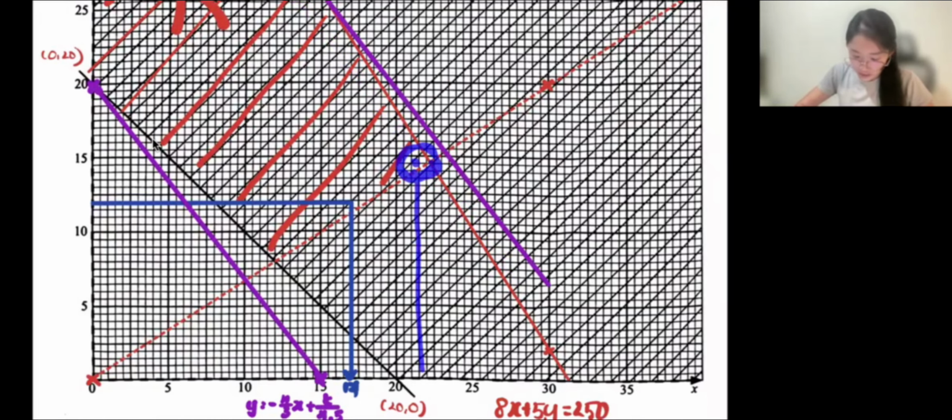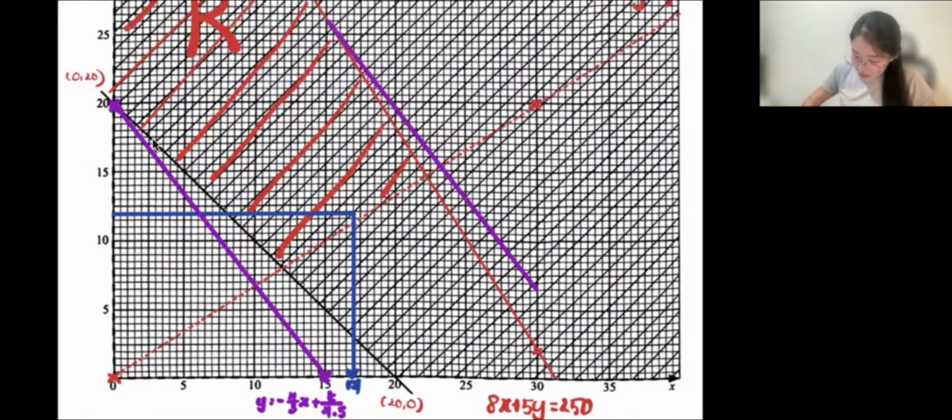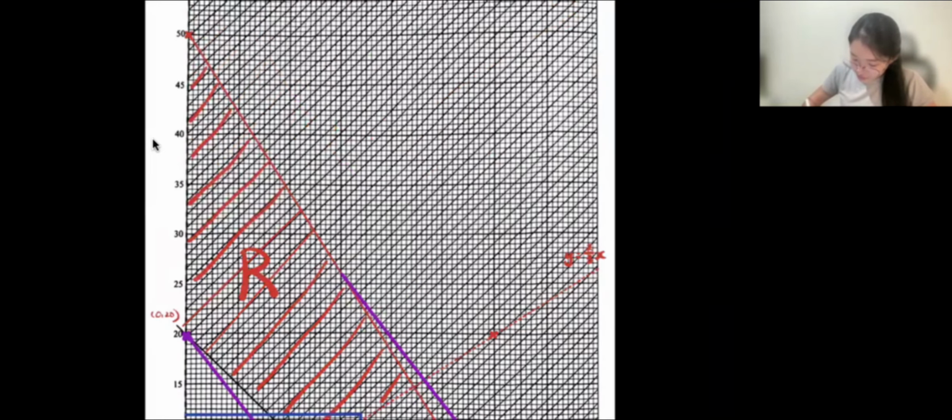So 20 something and 15 or below. Then your maximum is here. You see now? Which one are you going to choose? Are you going to choose this one? This is 0, 50. Or this point.